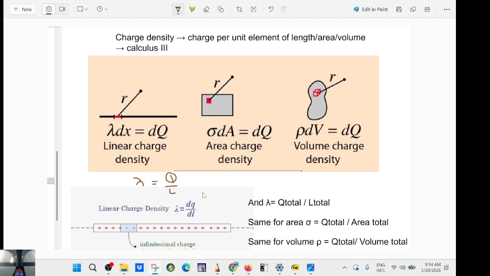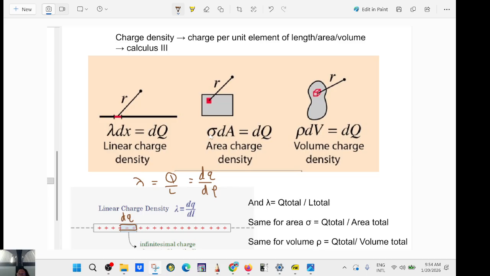Or you take a little bit, an infinitesimal charge dq, over a little segment dl. So that will be the charge per unit length. This is lambda. Okay?